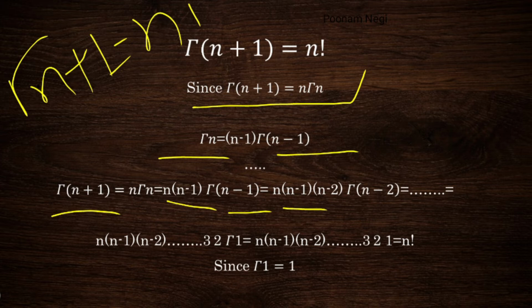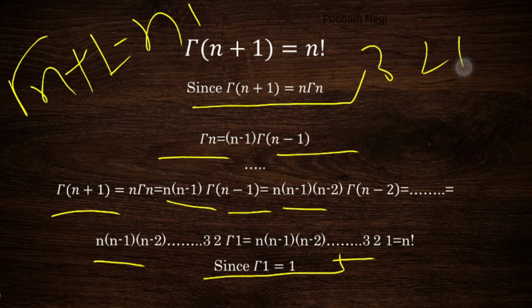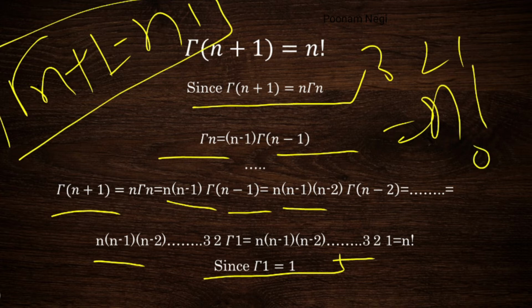It will be n into n minus 1 into n minus 2 up to 3, 2, gamma 1. As we know that gamma 1 equals 1, it will be n into n minus 1, n minus 2, up to 3, 2, 1, which is equivalent to n factorial. Hence, we have gamma n plus 1 equals n factorial.